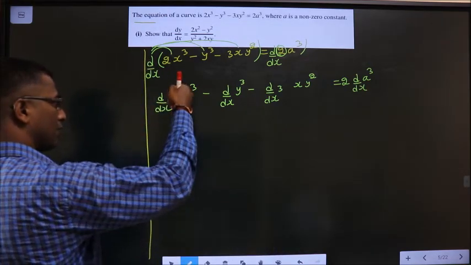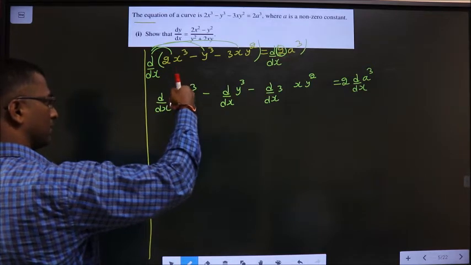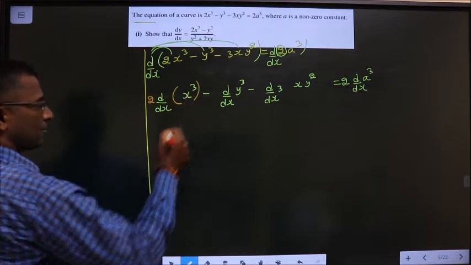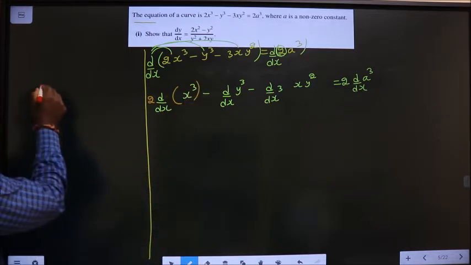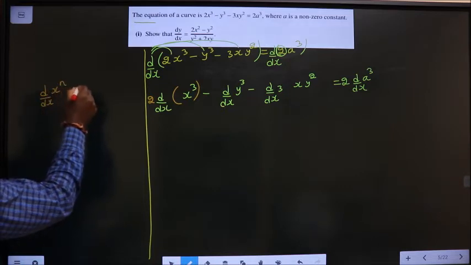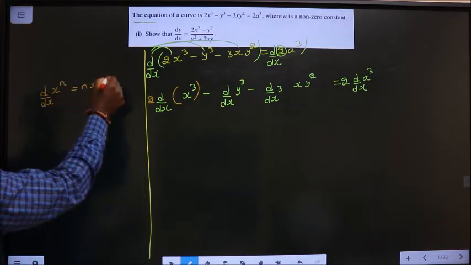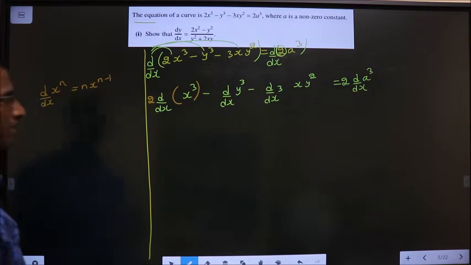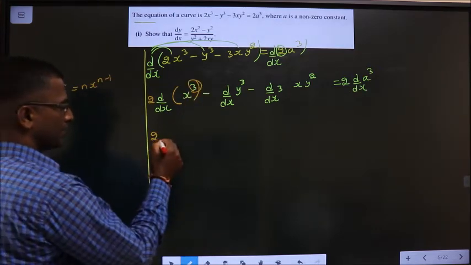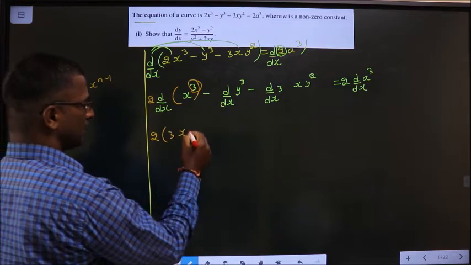Here also 2 will not play any part, so 2 outside. So what is d/dx of x³? The formula is d/dx of xⁿ is n times xⁿ⁻¹. In place of n, you have 3, so this will become 3 into x to the power 3 minus 1, that is 2.